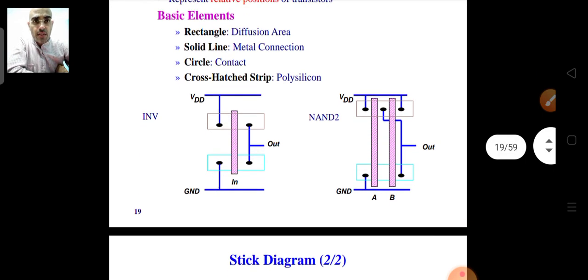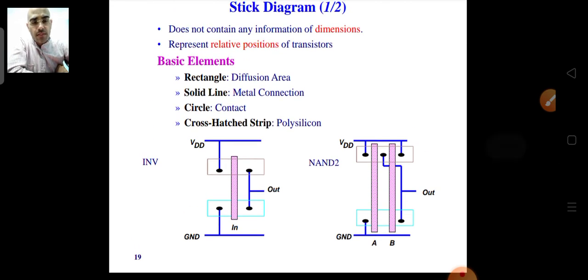You can consider a rectangle for diffusion area, a solid line for metal connection, a circle for contacts, and a cross hatched strip line for your polysilicon, just as a convention. But people use different things, so I should not call it a convention rather. But you can follow one particular thing.